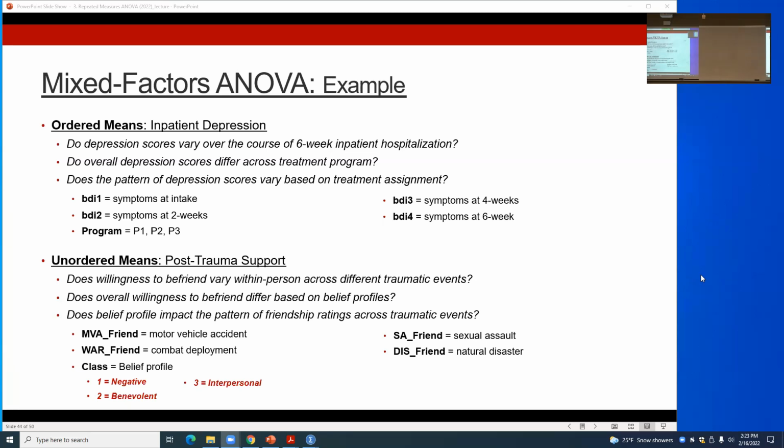We're going to say these folks have been set to receive different types of interventions within this program. And the question is one, do we see changes in the means of depression scores across our repeated assessments? That's our main effect of our repeated assessment. We're going to ask, do we see differences in depression scores across treatment programs collapsing across repeated measures?